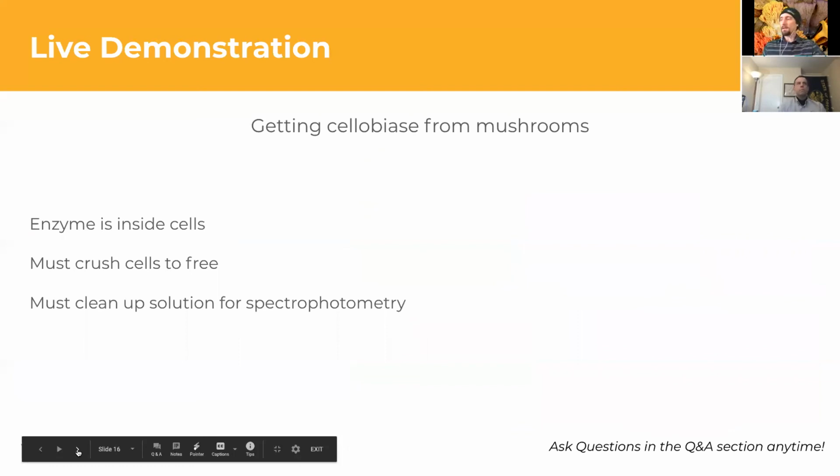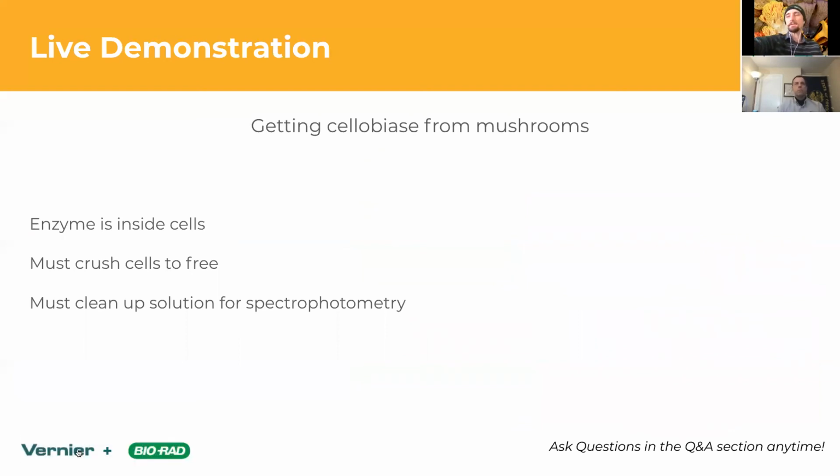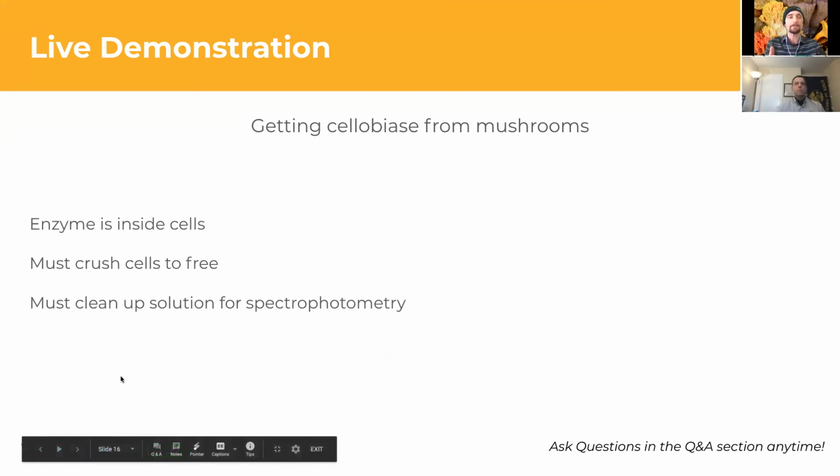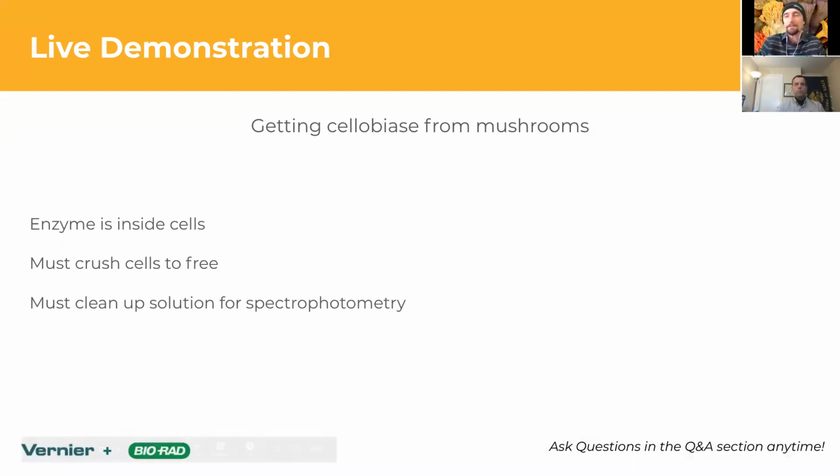So one of the big things that I find students need to understand for this is that in order to get the enzyme out of the mushroom, you've really got to crush it up, because cellulobiase, like I said, not many organisms have it. And so mushrooms really exploit this to their advantage, which means they will digest things in their environment with enzymes, right? Because they don't have a stomach. So they literally just dump out their stomachs, their enzymes, into the environment around them.